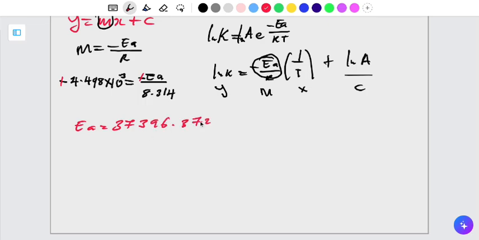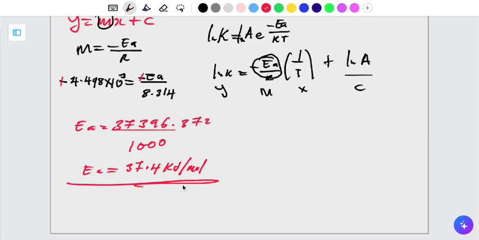Since activation energy is measured in joules per mole but is usually expressed in kilojoules per mole, I'm going to divide by 1000, since kilo is equal to 1000. So when I divide by 1000, my activation energy is going to be 37.4 kilojoules per mole. So this is our final answer for the first question.